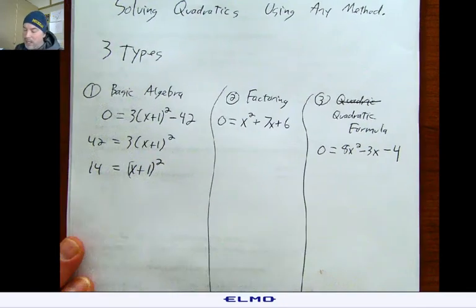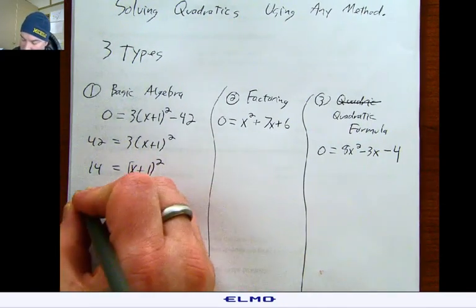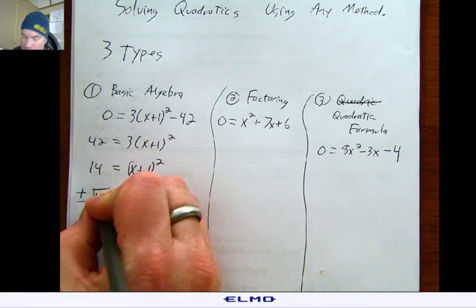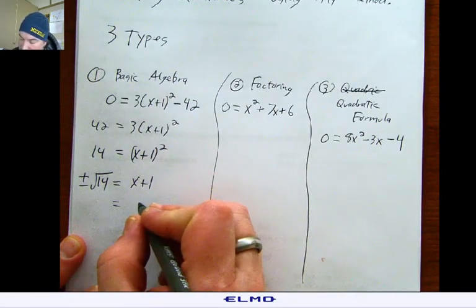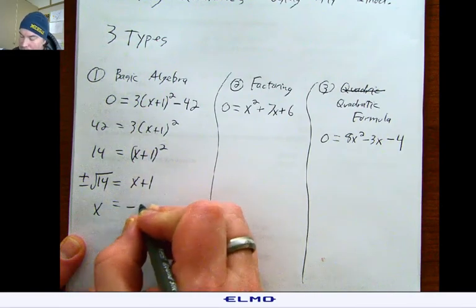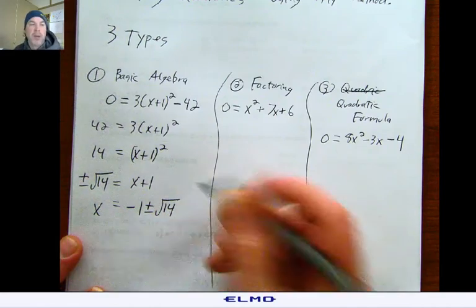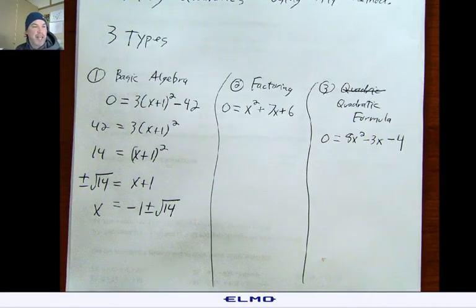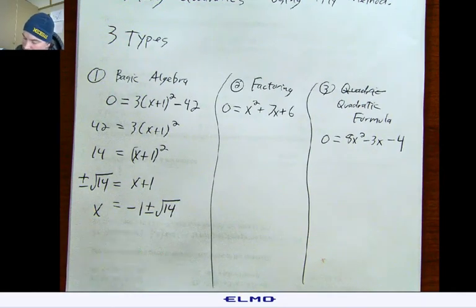Once you've isolated the thing that's squared, you can square root both sides. You get x plus 1 equals plus or minus root 14. You'd subtract 1 from both sides, and you'd essentially end up with negative 1 plus or minus square root 14. That's your basic algebra problem. It can have different looks, but this is essentially what it usually looks like.